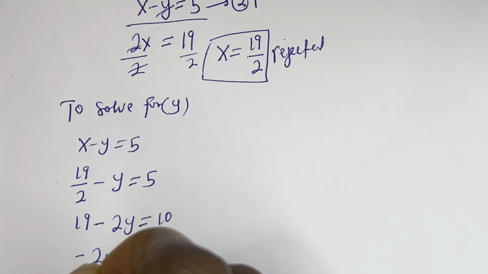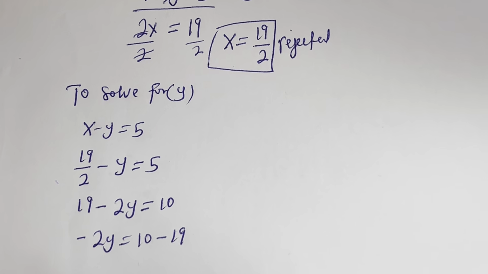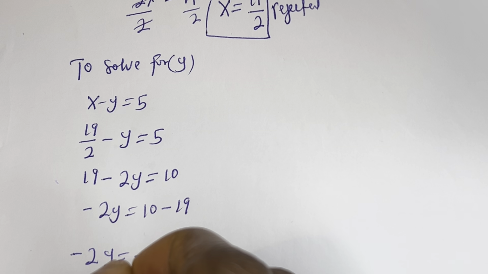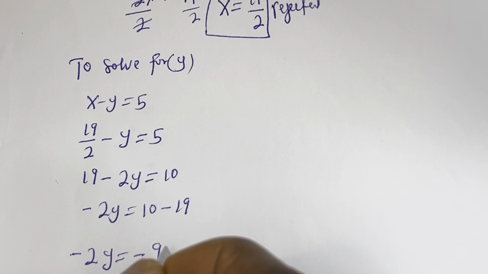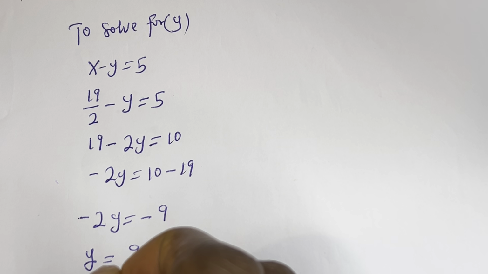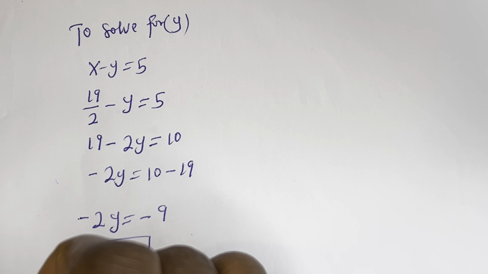Minus 2y is equal to 10 minus 19. Minus 2y is equal to minus 9. Then y is equal to 9 over 2. This is not a natural number. It is rejected as well.